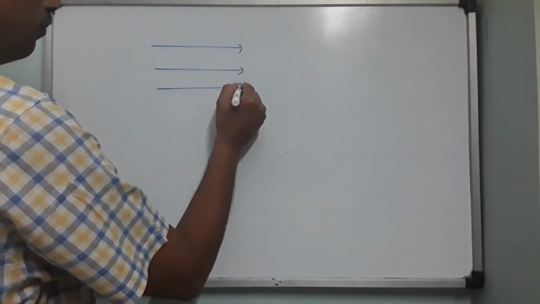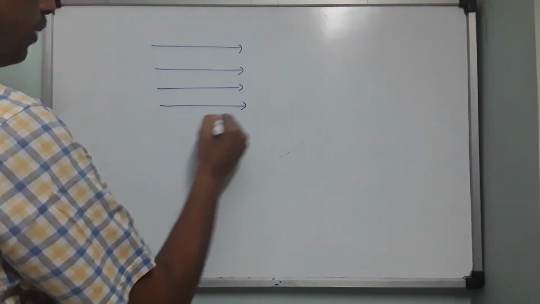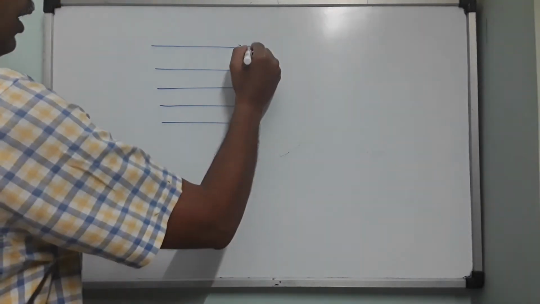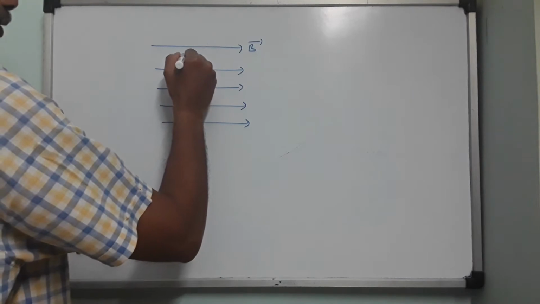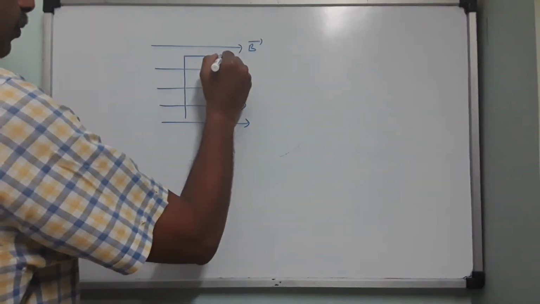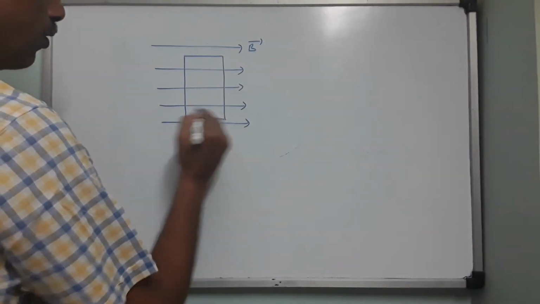These are magnetic field lines which depict a uniform magnetic field in which we have kept a coil.